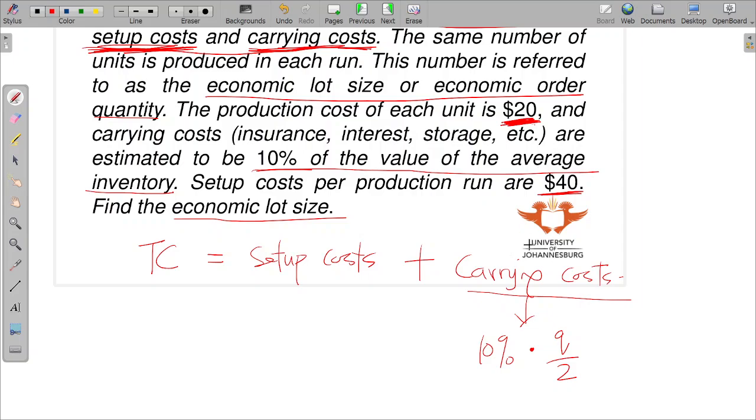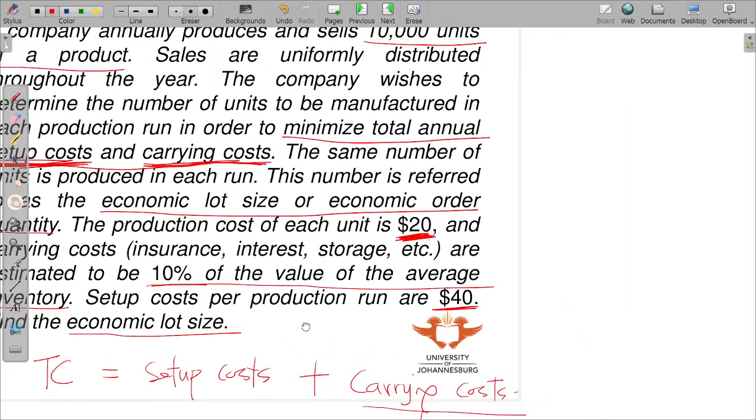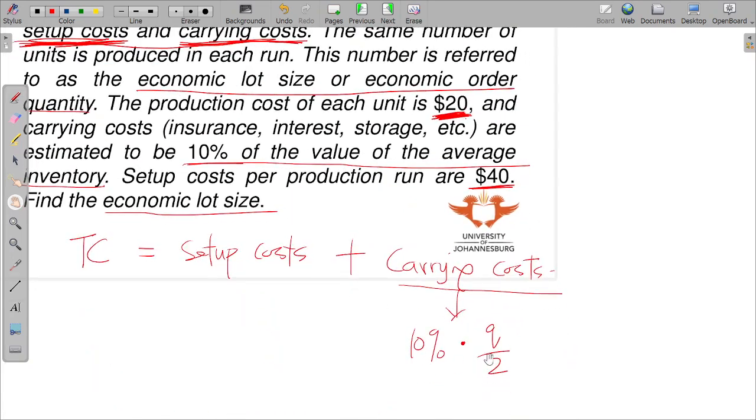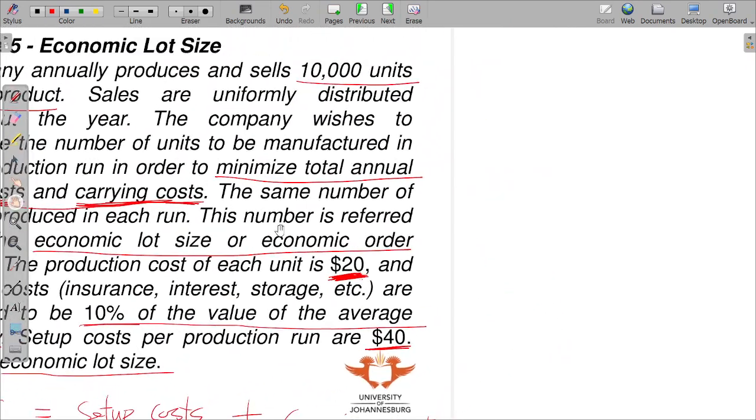What is Q? I just mentioned Q without saying what it is. Let Q be the number of units in a production run.